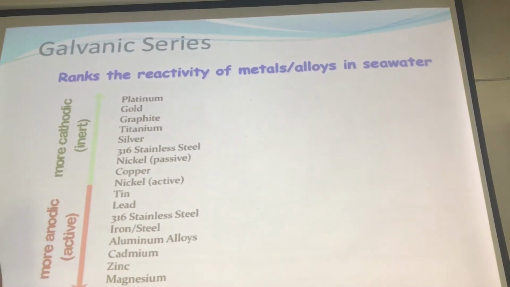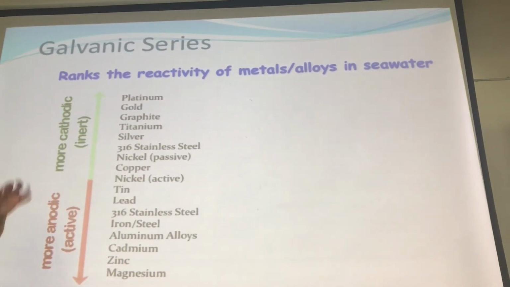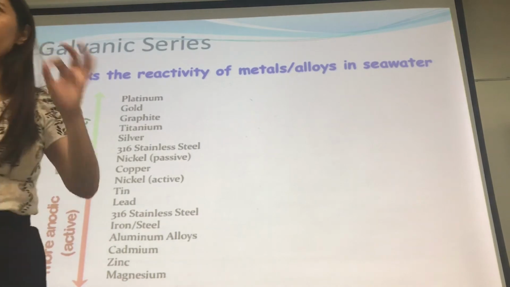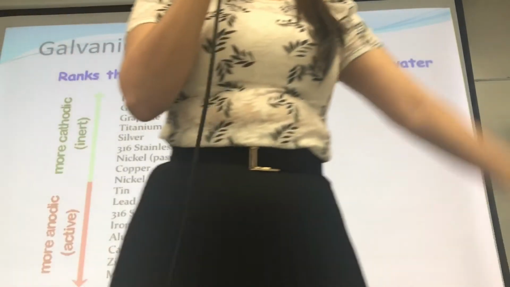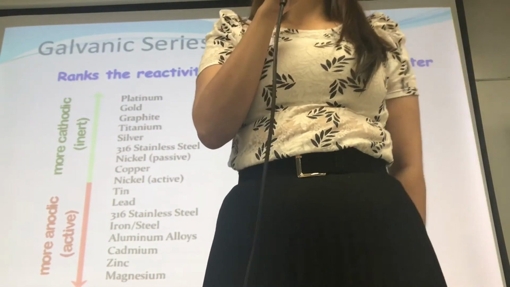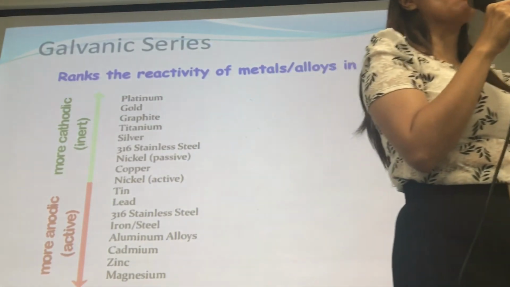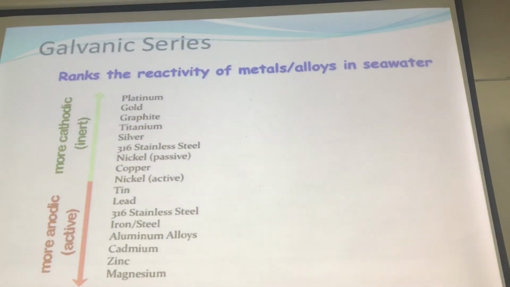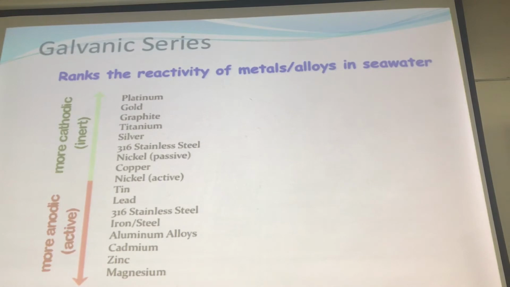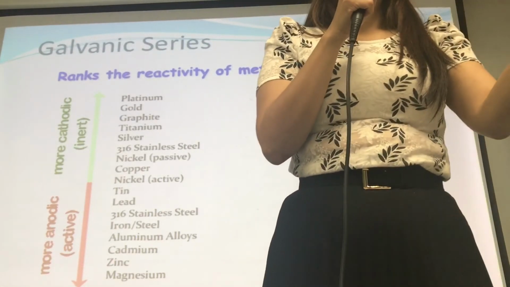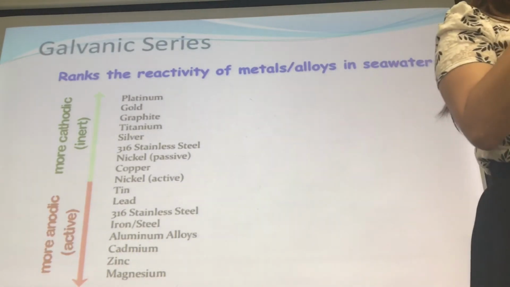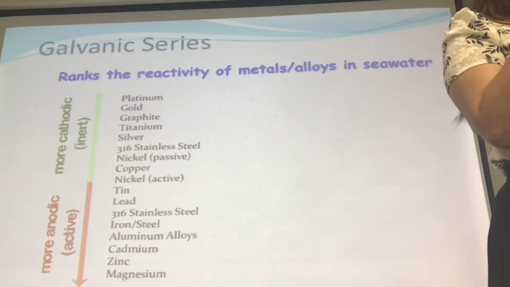This case we call the galvanic series. One more time, we have two kinds of series. The first table is the standard series, which we call EMF, and the standard measurement is done in a half cell where the other electrode is platinum.